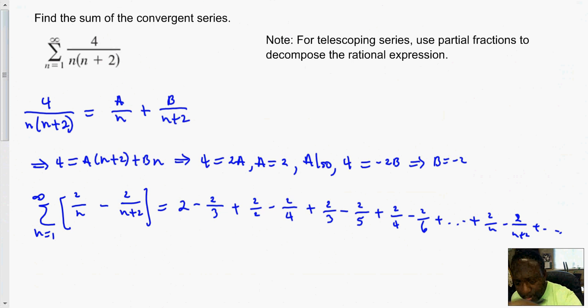Now notice here that the 2/3 cancel out. 2 over 4 cancels out. And as you keep on traveling, you notice that all these terms cancel out too.